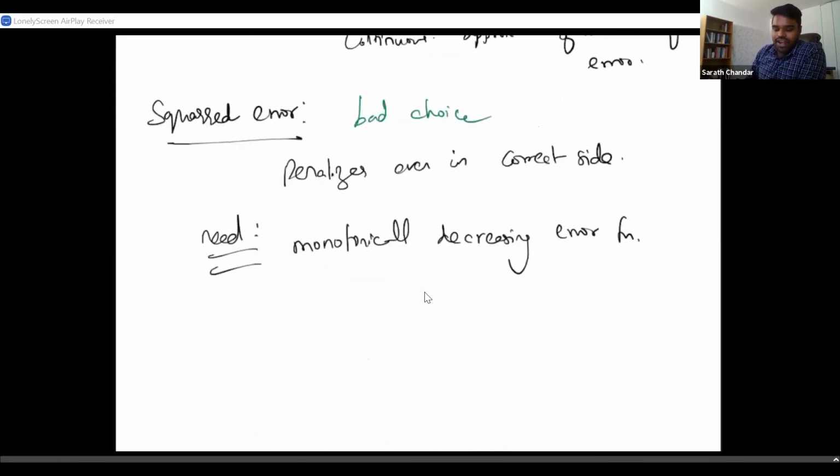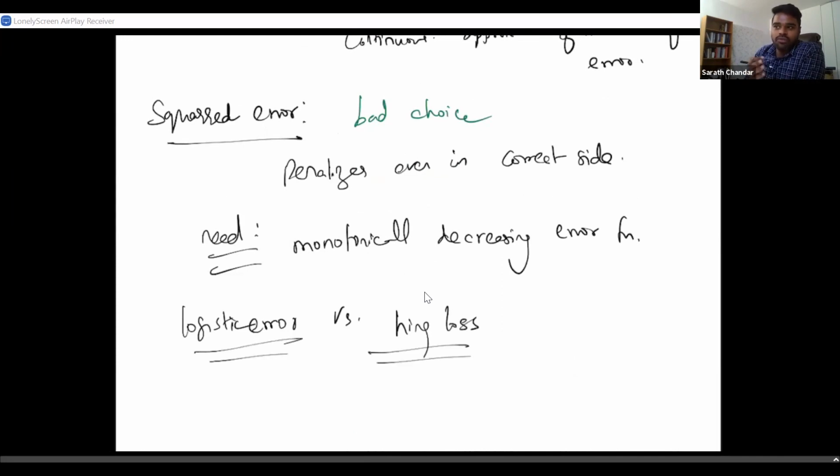So ideally we prefer a logistic regression loss or an SVM loss. Even between logistic error versus hinge loss, you could see that they look almost very similar, except for the fact that hinge loss is flat, and hence this would lead to sparse solutions.